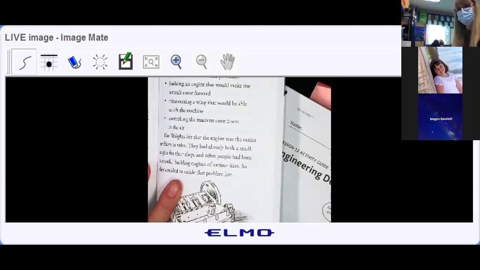Wilbur and Orville decided that to build an aircraft, they had to solve 3 problems. Build an engine that would make the aircraft move forward, construct a wing that would be able to lift the machine, control the machine once it was in the air. That's something you do need to worry about. So this is within the ask part. They're identifying the criteria, right? What is that? Criteria is what is needed.